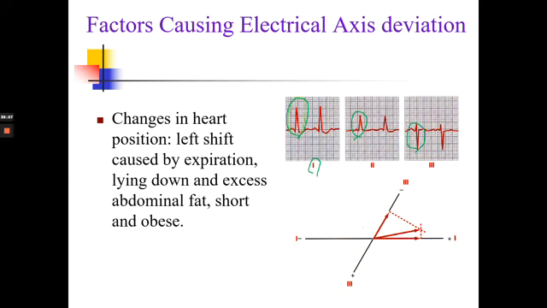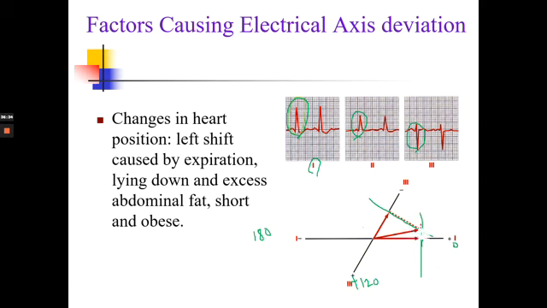So here they took lead 1, you remember this is 0, this is 180, and this is plus 120, lead 3. You take the QRS in lead 1, you draw a perpendicular line, and you take the algebraic summation of lead 3 here, then you draw a perpendicular.